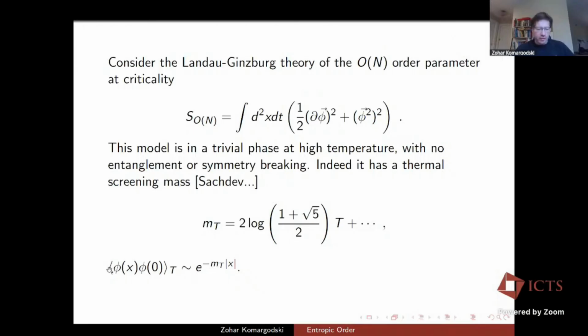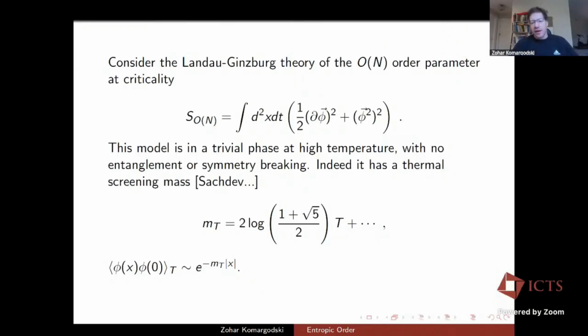So they calculated this 2-point function, and they found that it decays exponentially with this exact answer in the infinite N limit. So we know that the ordinary magnet does not ferromagnetize at high temperatures. That's why magnets fall off the fridge at high temperatures, and there is a Curie temperature.